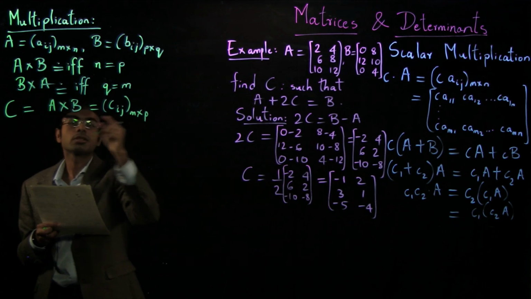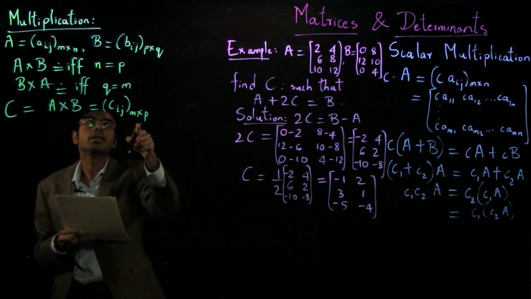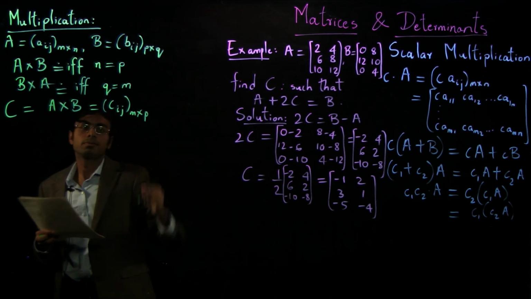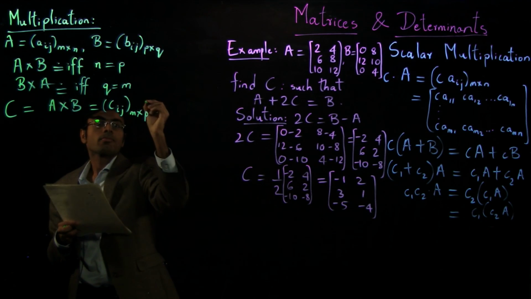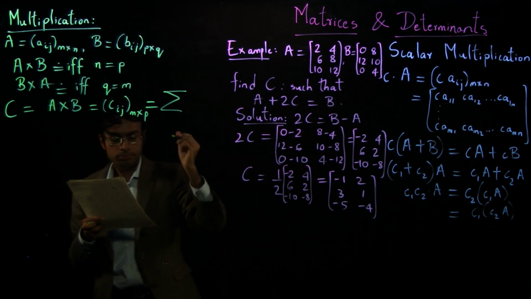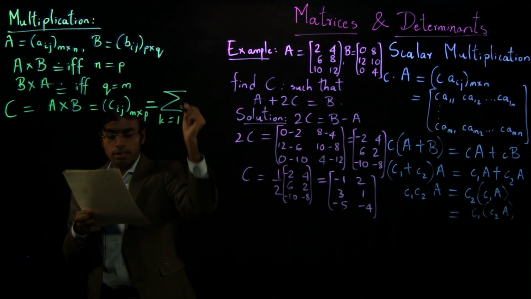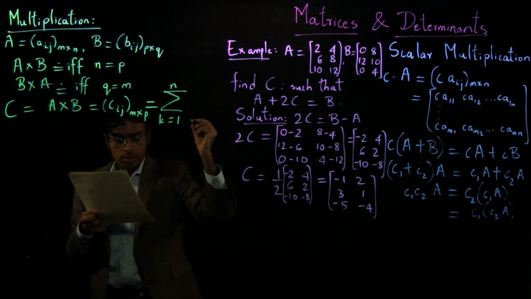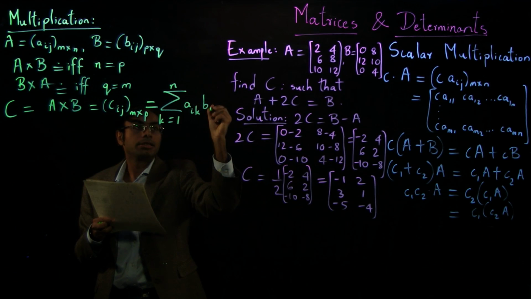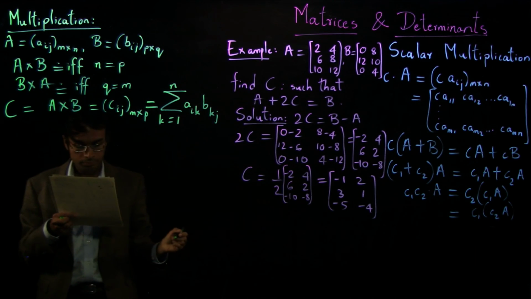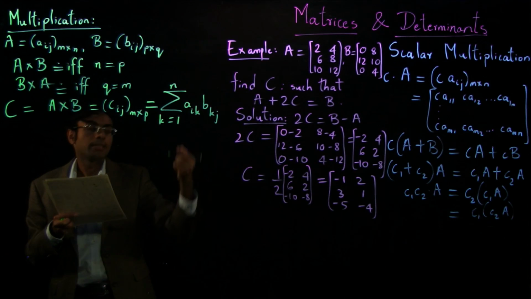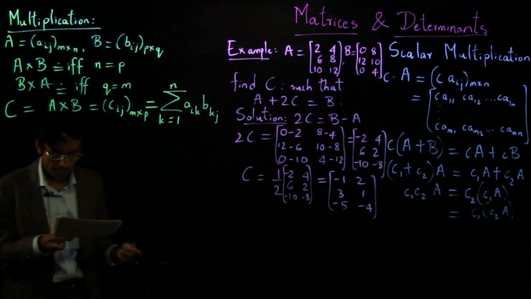So the dimensions of the new matrix are m by p, the number of rows of A and the number of columns of B. And that is given by the summation k equals 1 through n, Aik Bkj, where i goes from 1 through m and j goes from 1 through p.